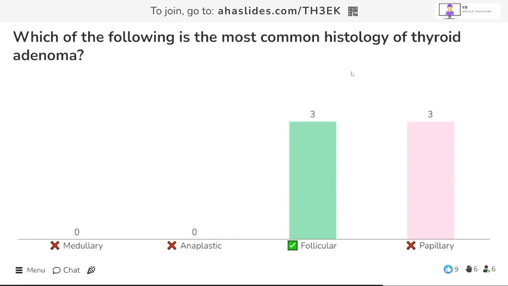The most common histology, if it's adenoma, not carcinoma, is that it comes from the follicles. So it looks like follicles.